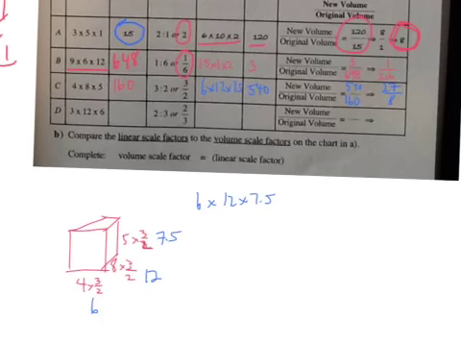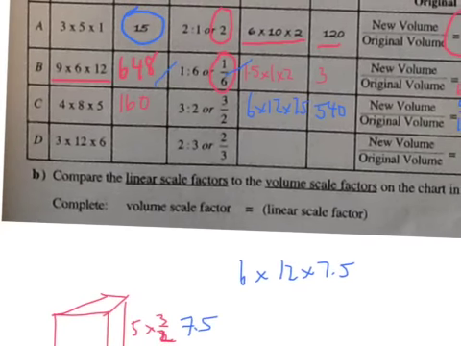Alright, last one, 3 by 6 by 12. If you multiply all those out, you should get 252 centimeters cubed. We're going to apply a scale factor of 2 over 3 to each dimension. So your new prism is 2 by 4 by 8. Now if you multiply that out, you get 112.